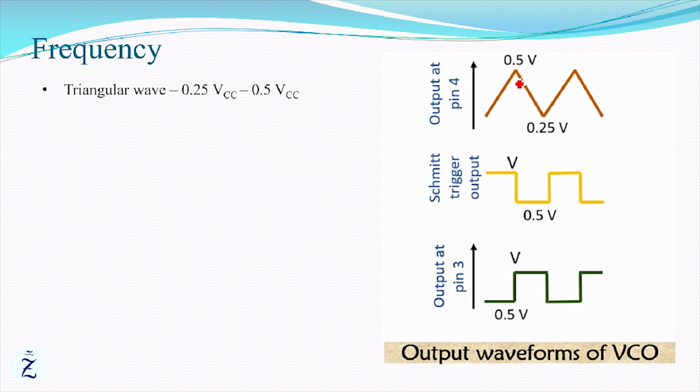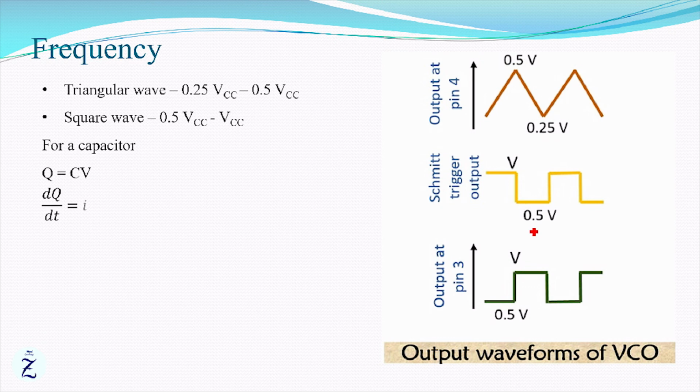The triangular output voltage is varying between 0.25 VCC and 0.5 VCC, and the Schmitt trigger output is switching between 0.5 VCC and VCC. For a capacitor, Q is equal to CV, where C is the capacitance, here it is C1, and V is the voltage. And dQ by dt, which is the current I, is equal to C into dV by dt.